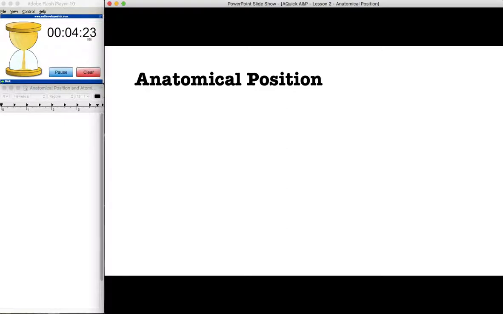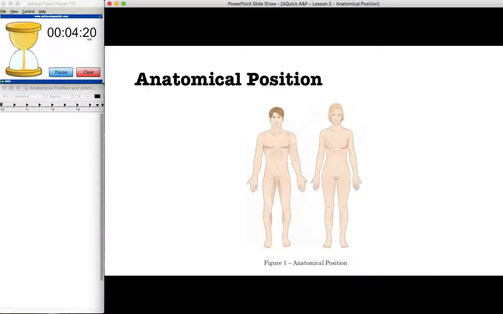So what the heck is anatomical position? Anatomists have a general assumption about the way the body is oriented, and this is to appropriately describe where body parts are located in the body.